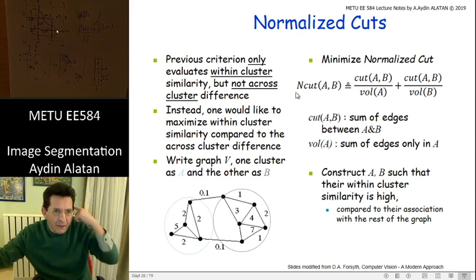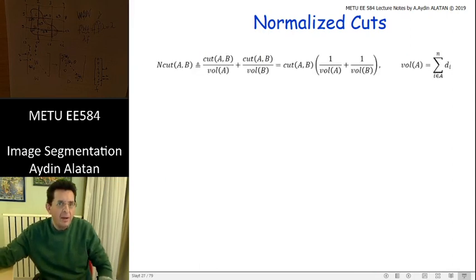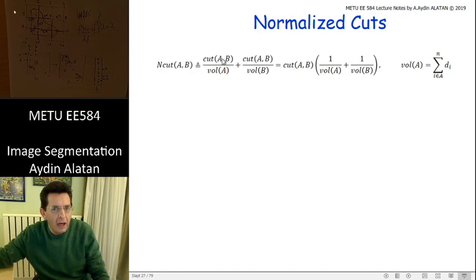Let's mathematically formulate this using some algorithm. Now, first of all, if you take the parentheses of cut A and B, you will obtain just this one, 1 over volume A, 1 over volume B.